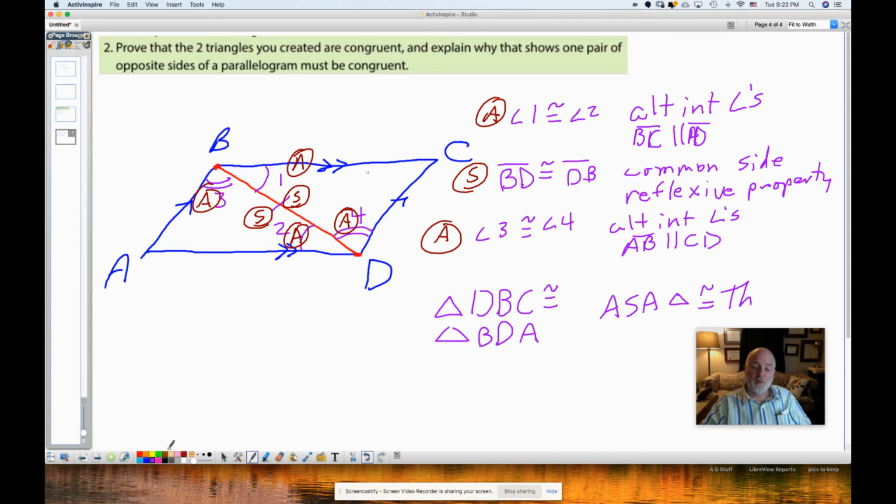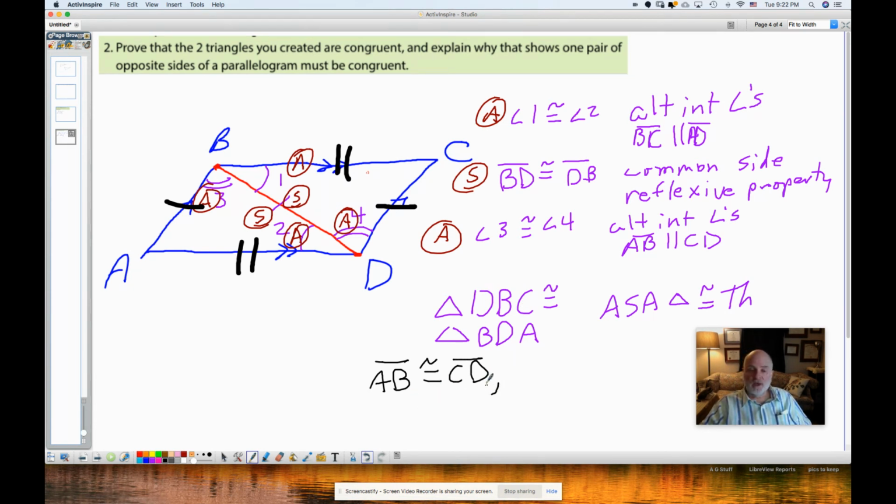But this is not what we wanted to prove. What we wanted to show was, let me make this a little bit larger, that the opposite sides are congruent, that this side is congruent to this one, and this side is congruent to this one. And I can do that in one step. I'm going to say segment AB is congruent to segment CD, my first and last letters.